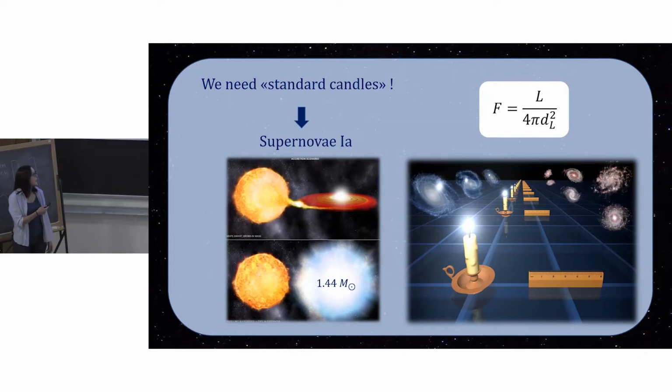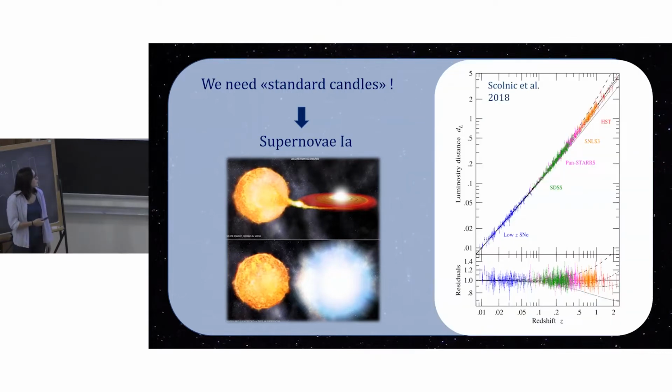So we can derive their distance. We also can observe their redshift by observing their spectra, which is the easiest part here. Given this, we can build this, which is the Hubble diagram of supernovae. And so you see we have many objects for which we know the redshift, and we can measure the luminosity distance in this way. So the shape of this diagram depends on how the universe is made.